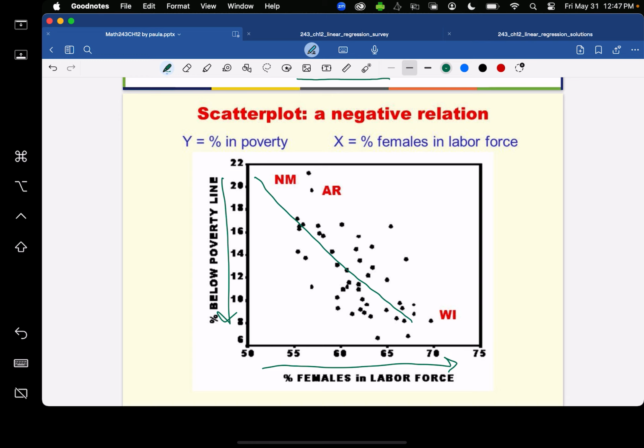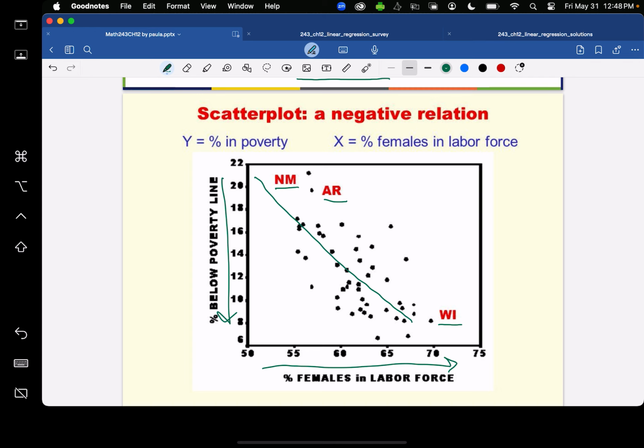And getting women into the workforce does appear to help with that. And it almost looks like these dots might represent different states: Wisconsin, Arkansas, and New Mexico. So having more women in the workforce decreases poverty. That could be an overall trend that you see.